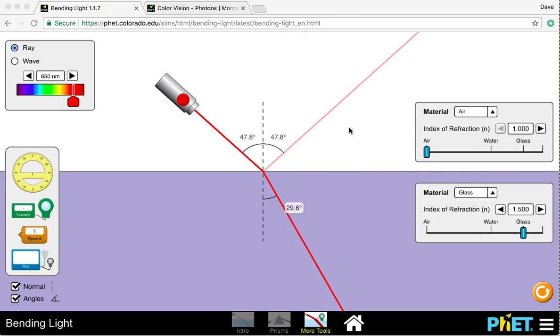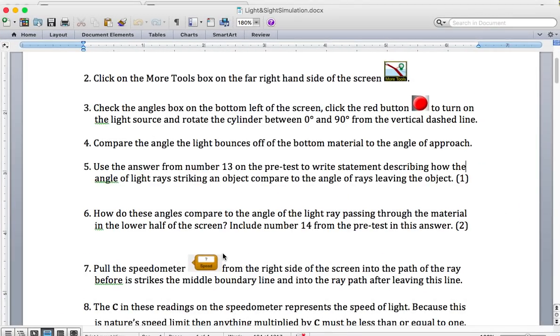Notice up here this top surface is air. It's a lot less dense, so it doesn't interact with the particles as much. Whereas when it passes through glass, glass is a lot more dense, so there's much more absorption and re-emission, meaning the light rays are bouncing around with the atoms a whole lot more, which is slowing them down. Changing their speed means they're changing their direction.